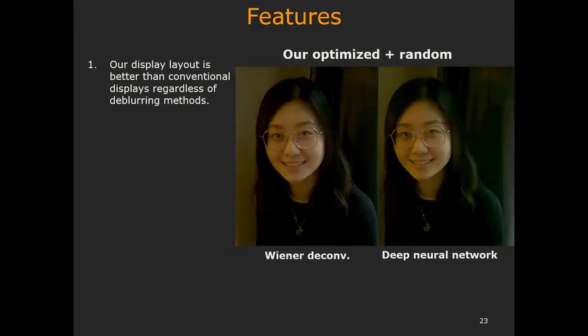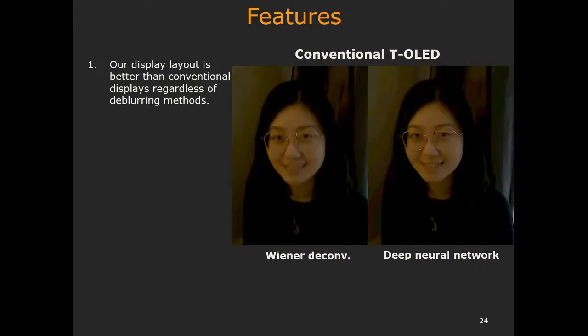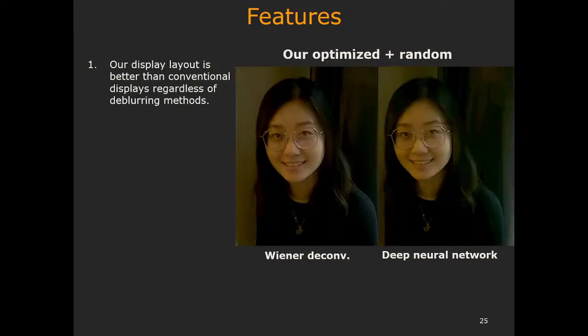These two images are captured under our pattern. Left is from Wiener deblurring, and right is from DeepNet. Again, DeepNet is slightly better. It's worth emphasizing that even using Wiener deconvolution, our display layout still outperforms DeepNet results of the conventional display. To verify this, again, here is the TOLED results, and here is our results.